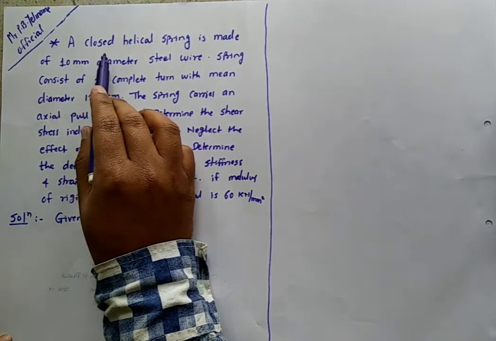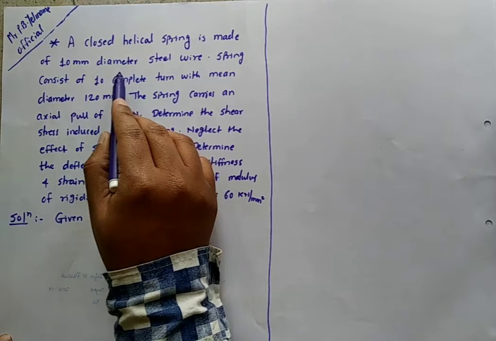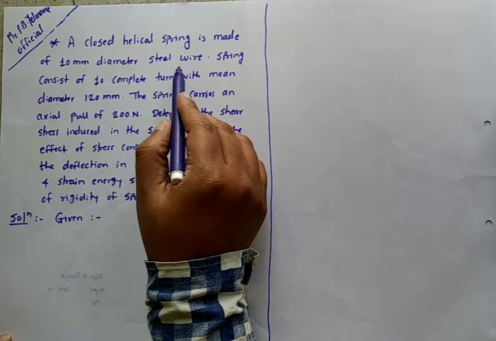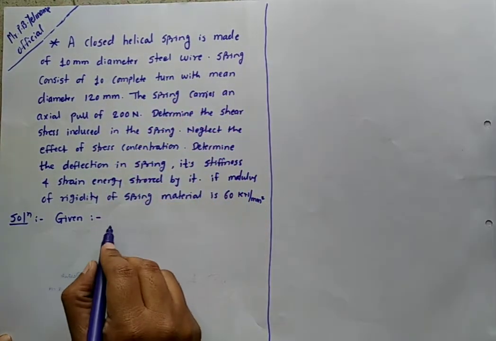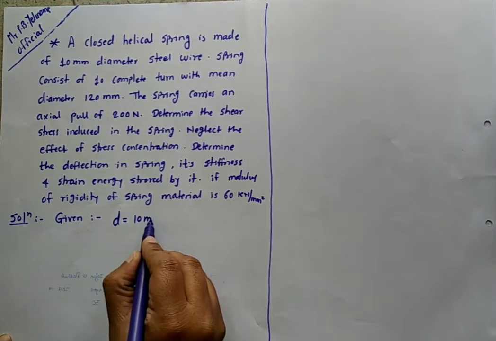A closed helical spring is made of 10 mm diameter steel wire, meaning the diameter of steel wire, small d, is 10 mm.